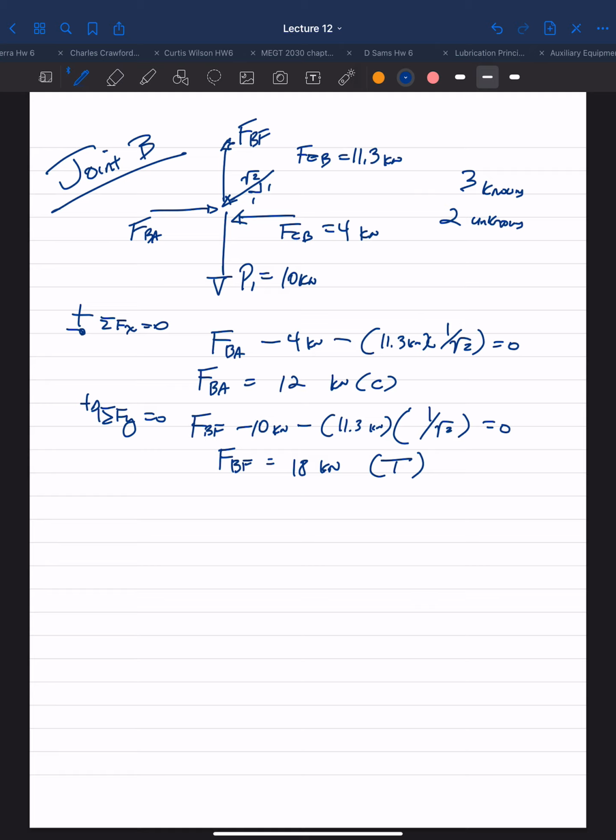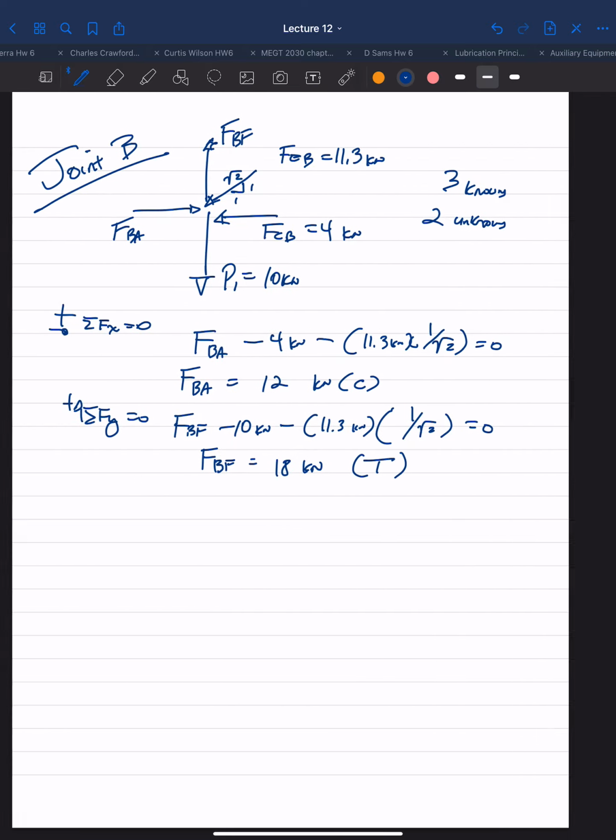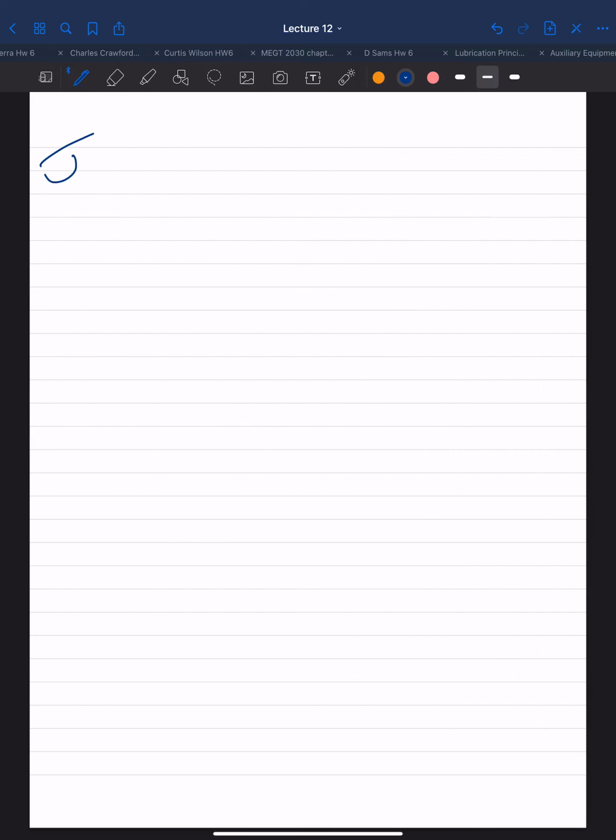So we have 2 members left, AF and GF. So let's take a look at joint F. At joint F, we have FEF, which we calculated to be 12 kilonewtons.